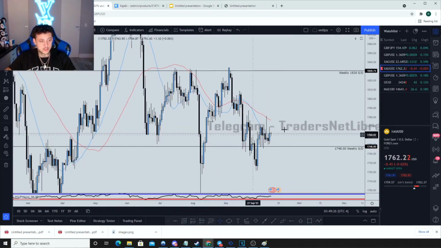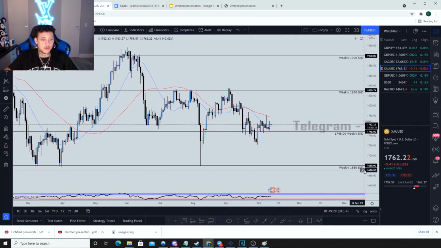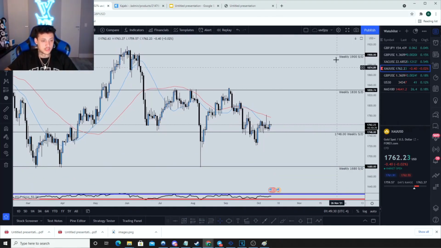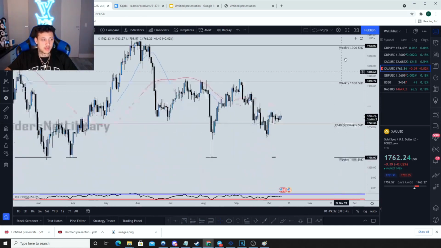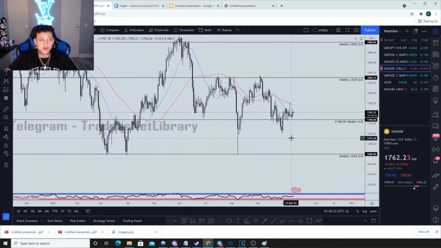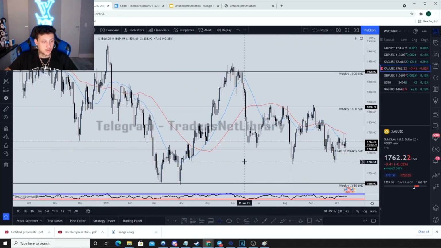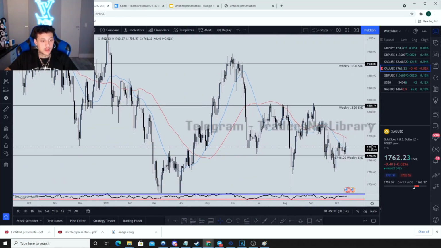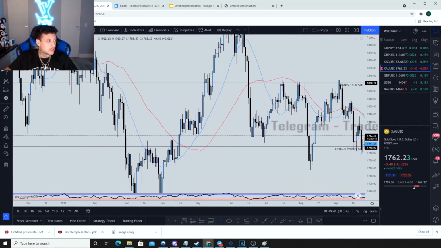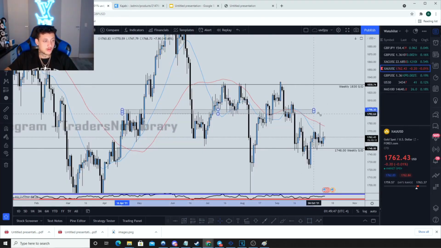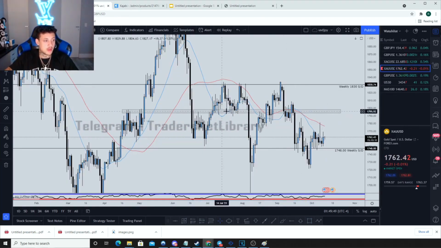On the daily, I typically just use zones, but that's how you can draw out your support and resistance, supply and demand levels there on the daily. Again, you don't want to do too much, but you want it to be as effective as possible. And again, when it comes to the daily time frame, you see we have resistance here. Just simply click, drag, drop, and drag it out into the future, and you could see it kind of play out there.